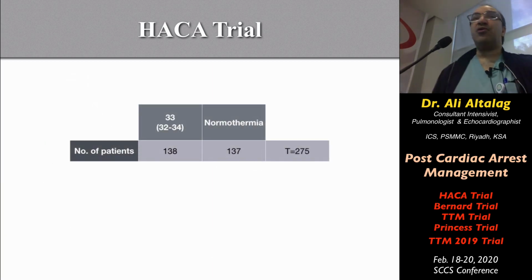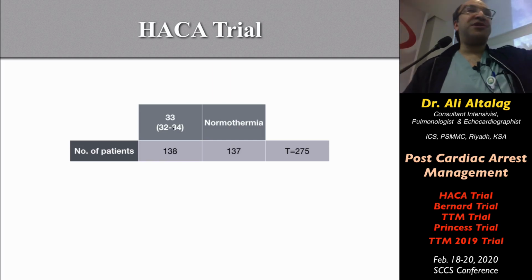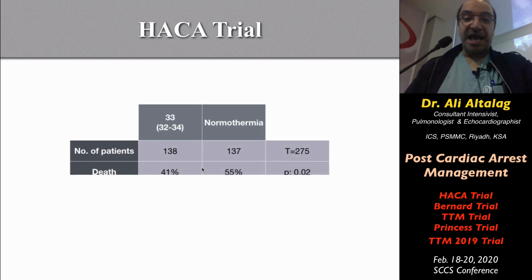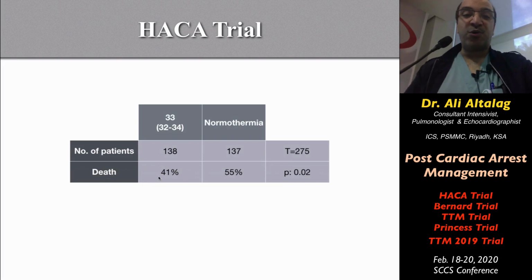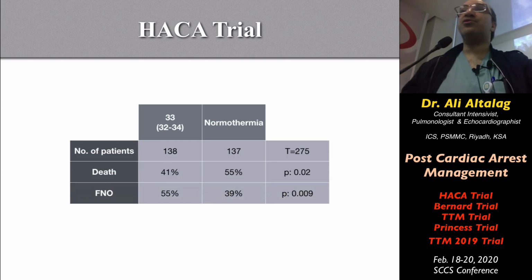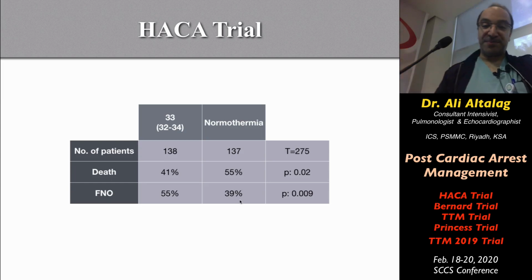And if you go into the dissection, the conclusion of the study, now the temperature they chose is 33 on average, which is 32 to 34 in the study group, as compared to normothermia. Total number of patients is really good. And mortality was better in the hypothermia group with a good p-value. Similarly, a favorable neurological outcome was better in the hypothermia group, as you see here.